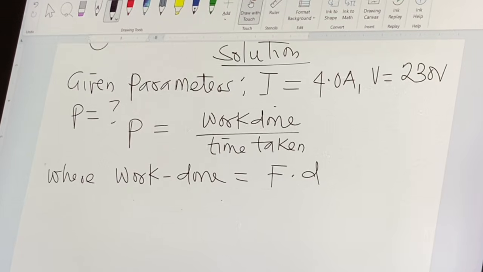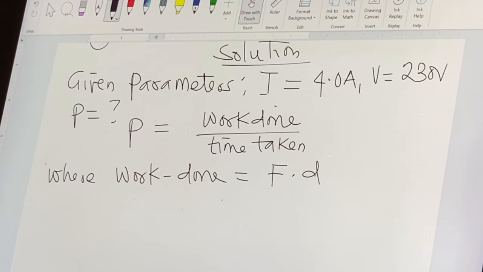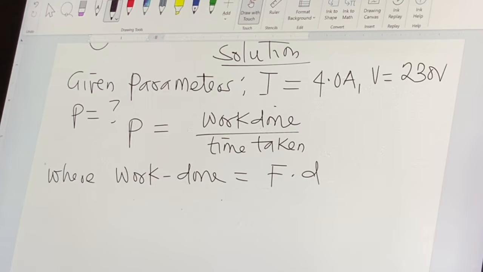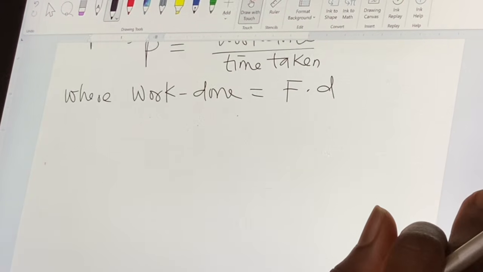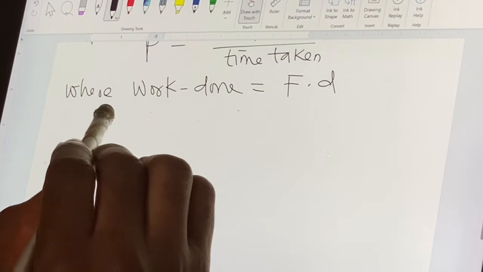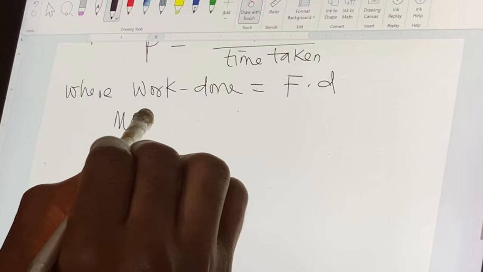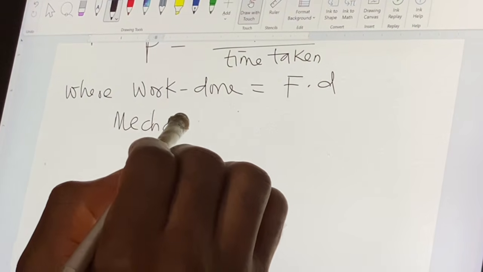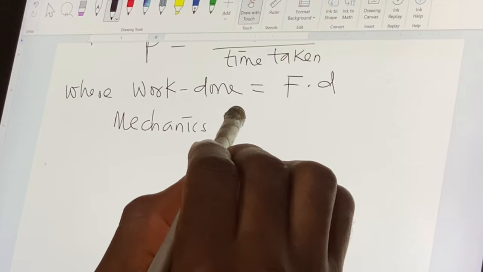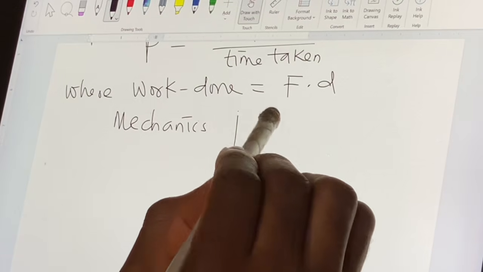Now we have to relate this particular formula to electricity. In electricity, force is equivalent to voltage, distance is equivalent to charge, velocity or speed is equivalent to current. So we have something like this from our analogy. This is mechanics here. This is electricity.